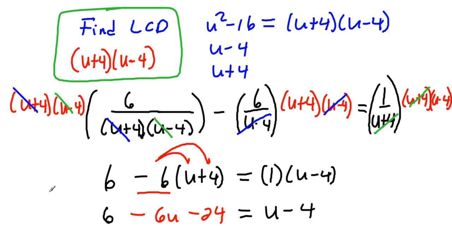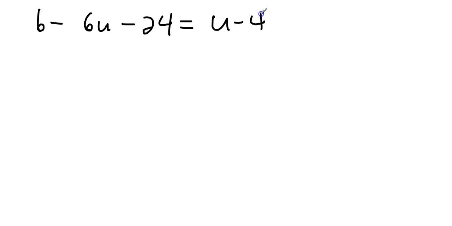Okay, we have to jump to the next page because I'm at the bottom of the page here. So let me bring it back up. So 6 minus 6u minus 24. What was the right-hand side? Was it u minus 4? Okay, so that's what we have. One little thing you can do if you want to, because it's u minus 4, sometimes it helps just to think of that as 1u minus 4, because there is 1u there.